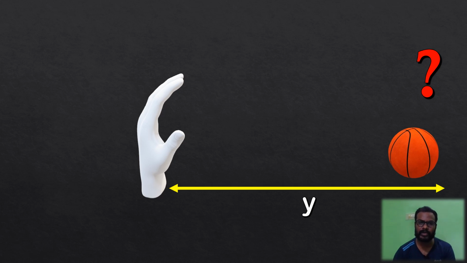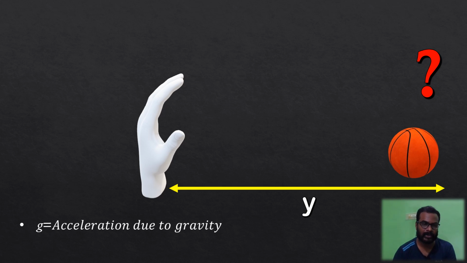I'm going to use a differential equation for solving this real life problem. Before that, I am going to explain some terms which I am going to use in this class. G is acceleration due to gravity. X is the time taken by the ball.